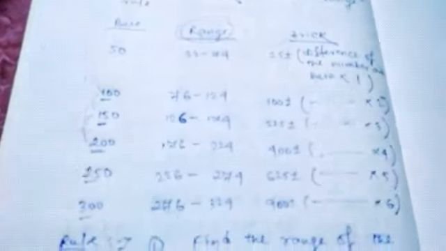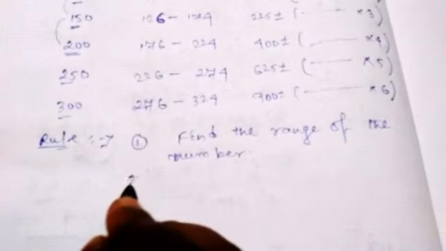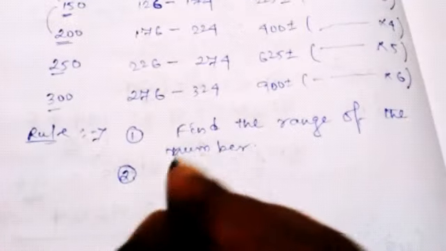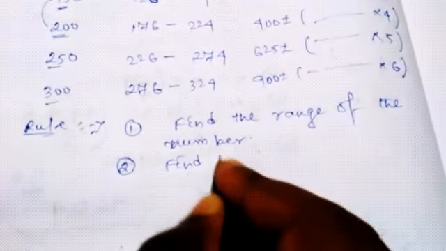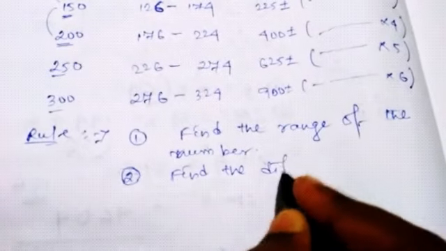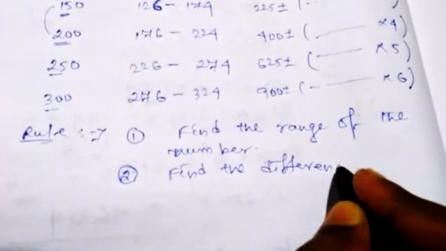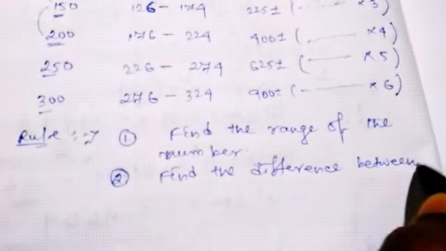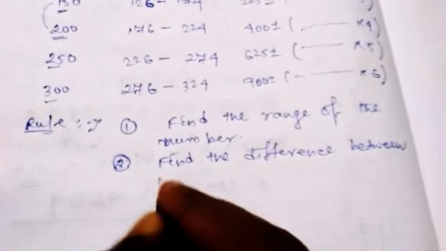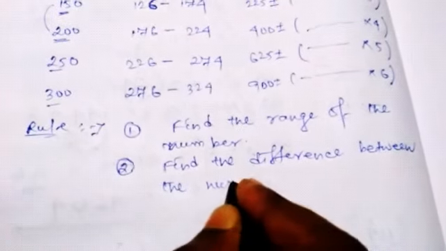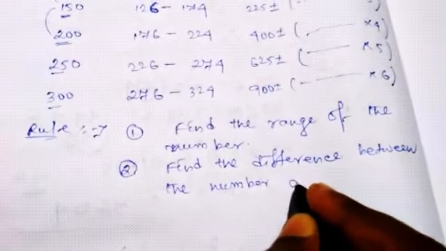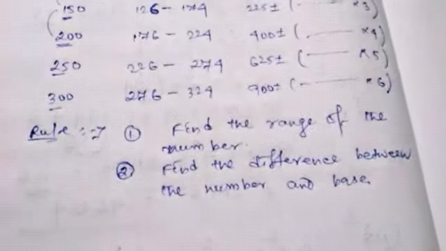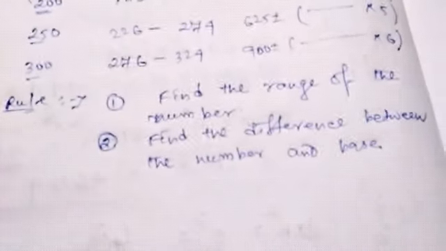Find the range of the number. The second rule is to find the difference between the number and base. Okay, find the difference between number and base.